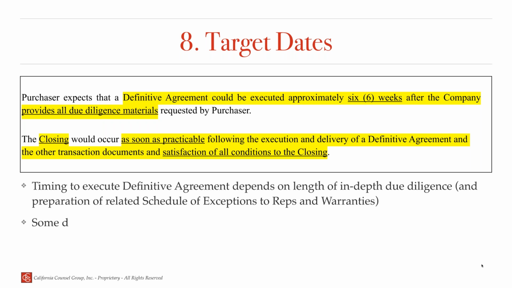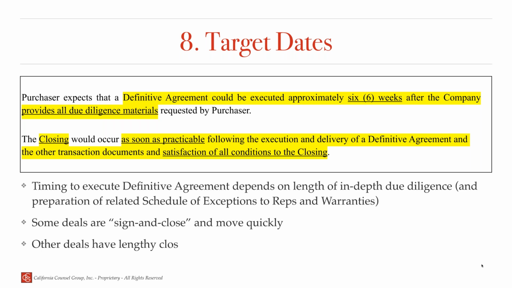And then the closing will occur as soon as practicable following the signing of the definitive agreement and satisfaction of all conditions to closing. As we talked about, the conditions to closing could be lengthy: regulatory approval, chasing down a bunch of third parties to get their consent.